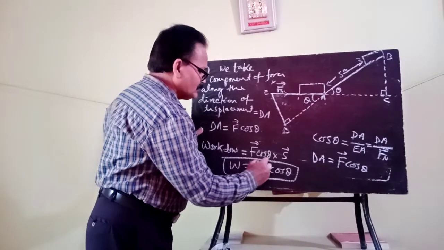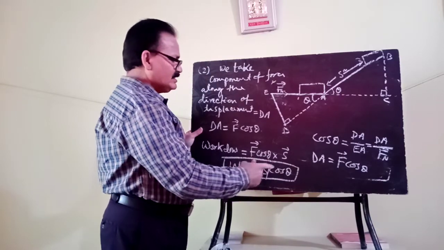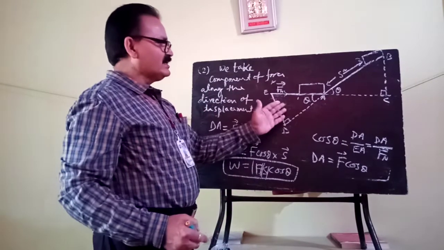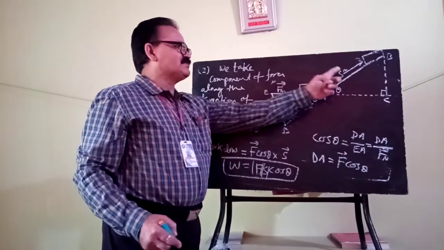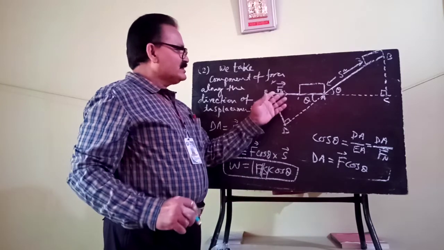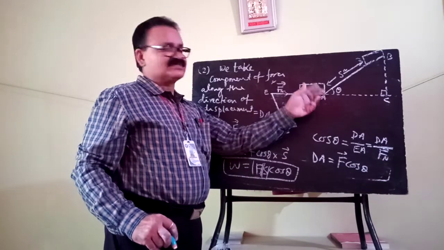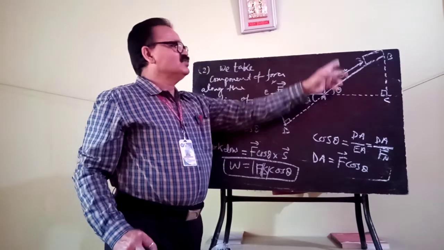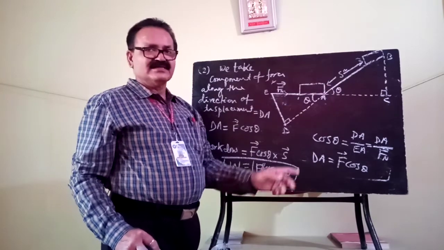So now both the cases have the same formula for finding the amount of work done. This is your magnitude of force, magnitude of displacement, and cos theta. In the earlier case, when we took the component of displacement along the direction of force, what happened? The entire force is used up. The striker stops here, but the coin moves by making an angle theta.